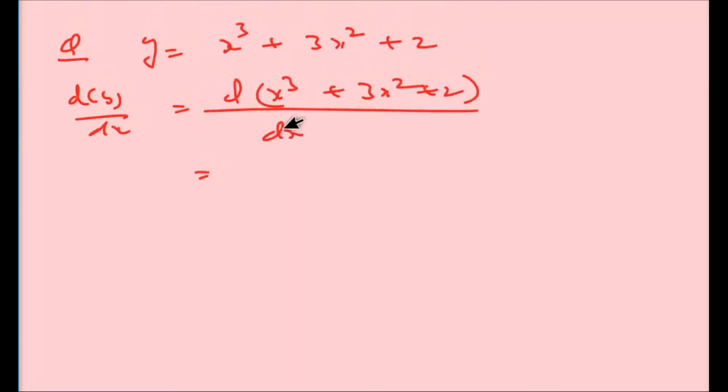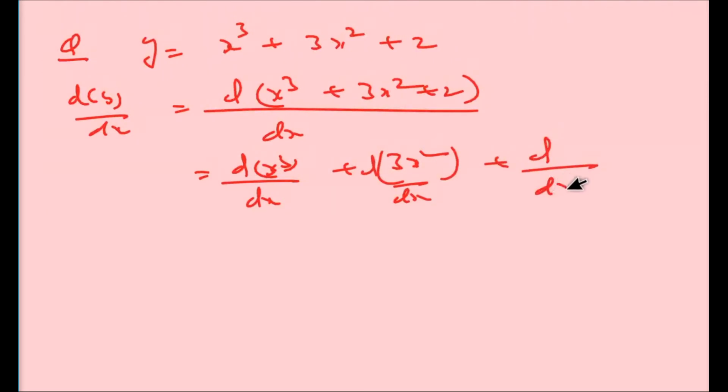Okay, now these are in the terms plus minus, so we are taking the differential separately. In the starting you should use each and every formula. After that you can use directly.